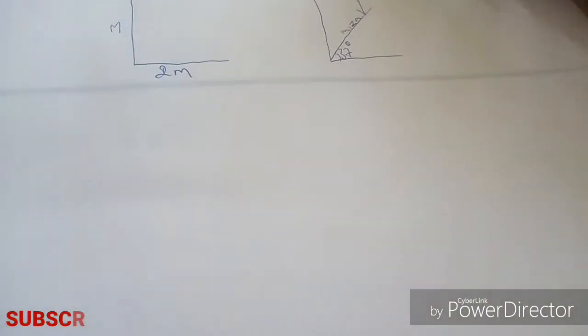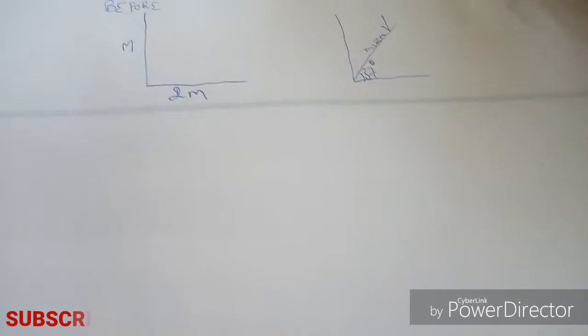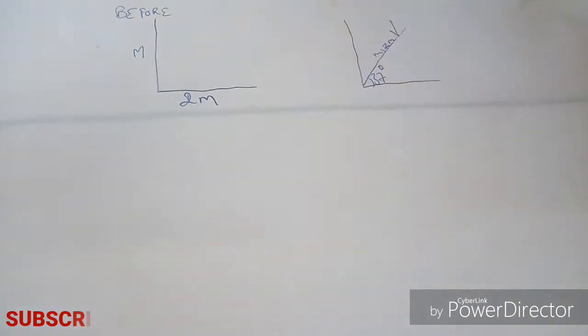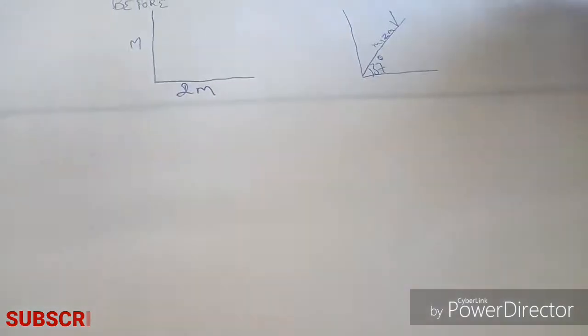So my question is, what are the initial speeds of these masses before collision, with respect to the angles?